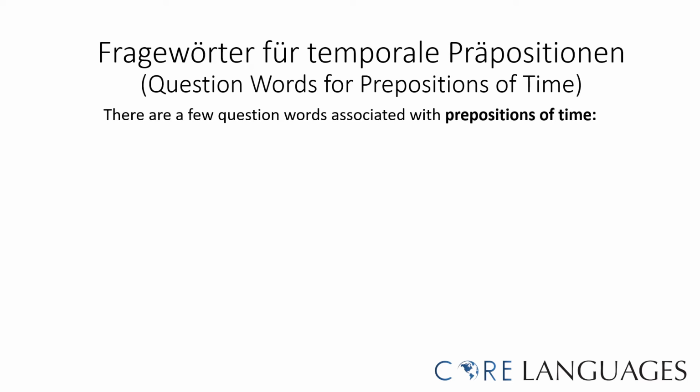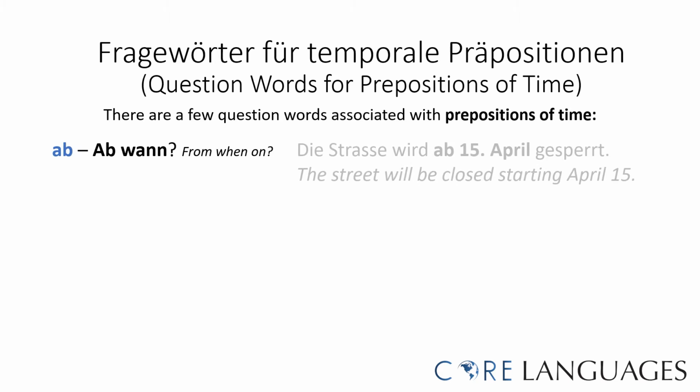There are a few question words or Fragewörter associated with prepositions of time or temporale Präpositionen. For example, to have an answer with the preposition ab, the question would be ab wann, from when onwards or starting when.